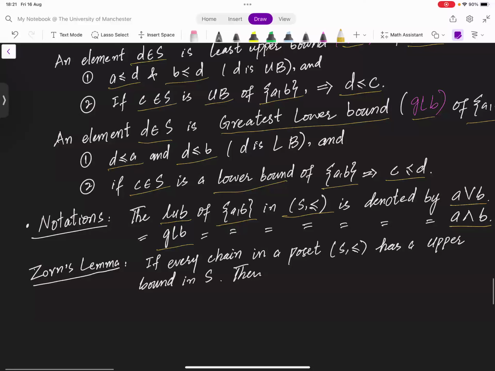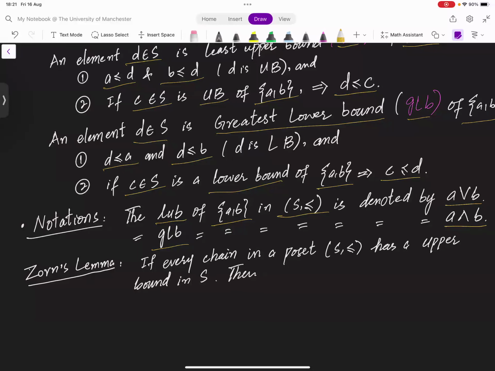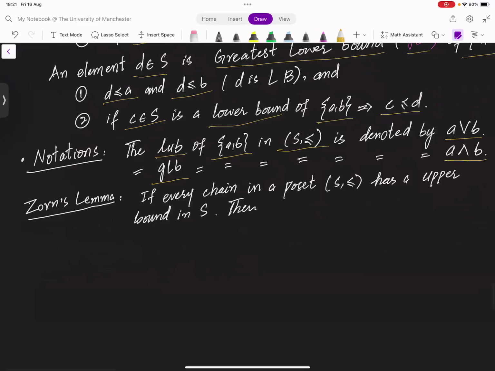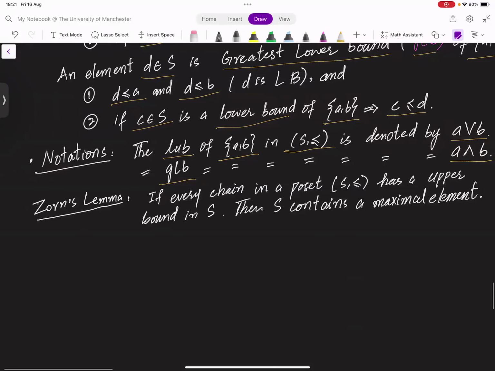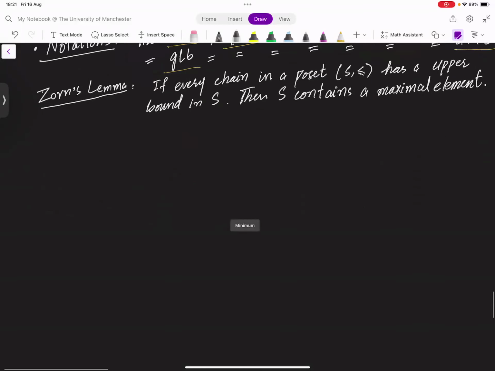And Zorn's lemma, which is very important, says that if every chain in a poset has an upper bound in the set S, then S contains a maximal element. We defined the maximal element in the previous lecture. Okay, now let's start part 3 of this lecture.